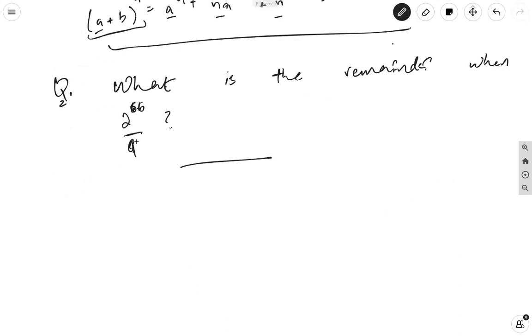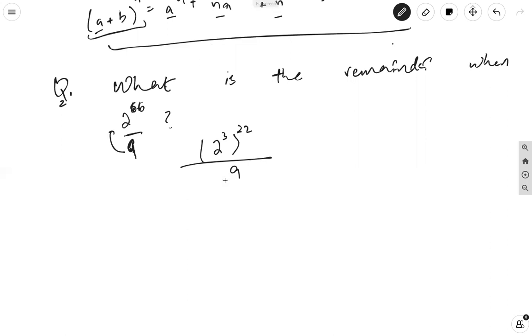Now we have 9 in the denominator. We will try to have 9 in some way in the numerator. How can we do that? What is the closest? Okay, if I do this way, this is 2 power 3 and this is 22, right?